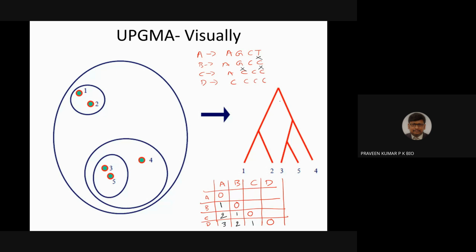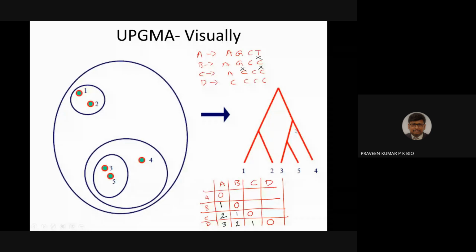It has a distance apart. So you can have 3 and 5 in a circle and 4 in an outer circle, and 4, 3, 5 are present in a circle, and everything is enclosed in one big circle. Whatever you represent in the Venn diagram, we can create as a tree, the same kind of representation but in the form of a tree.